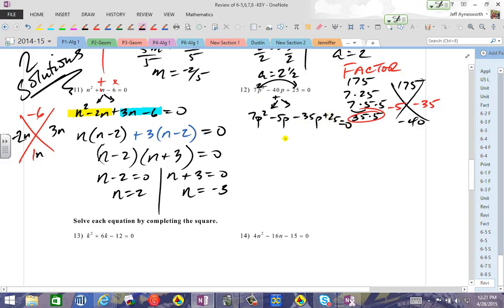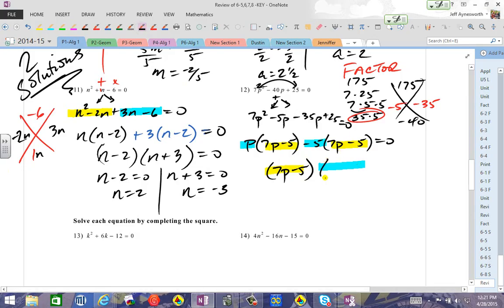So p times 7p minus 5. Factor out a negative 5 here. And we get 7p. Negative 5 times 7p is negative 35p. Negative 5 times negative 5 gives you 25. Obviously, the common binomial is 7p minus 5. So 7p minus 5 times my remaining terms, p minus 5.